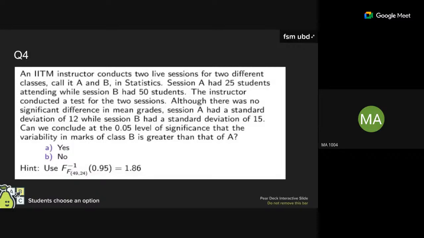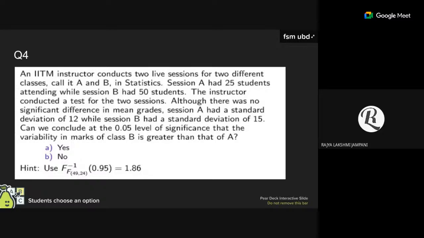If we take A as 1 and B as 2, we can write sigma 1 equal to sigma 2 and sigma 1 less than sigma 2. We just want to know whether we can conclude the variability in marks of class B is greater than that of class A. So it is only one-sided, if we take A as 1 and B as 2. This is a one-sided test.